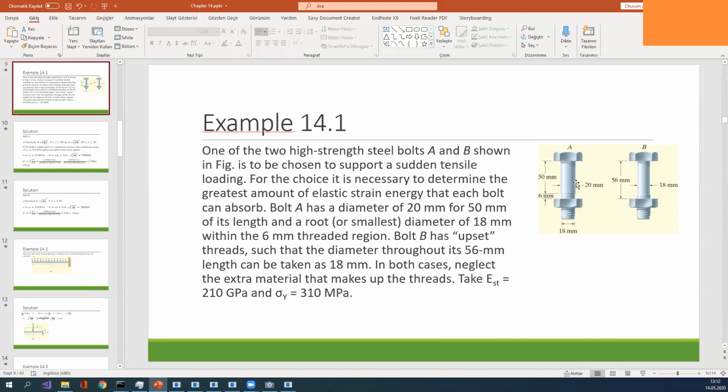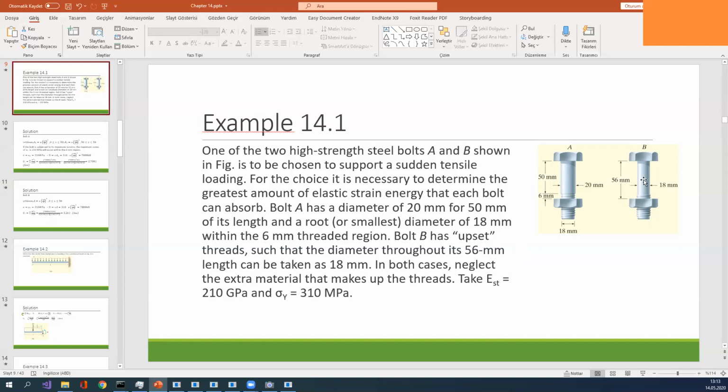Maybe most of you think that bolt A can resist more energy than bolt B, but you can see bolt B can carry more energy because its diameter is smaller, it can displace more, therefore it can carry more energy. Sometimes you think that if a structure is more rigid, it can absorb more energy due to earthquake loads.